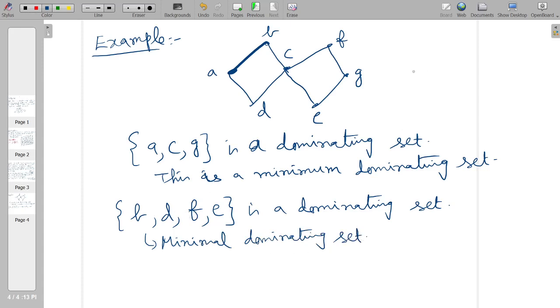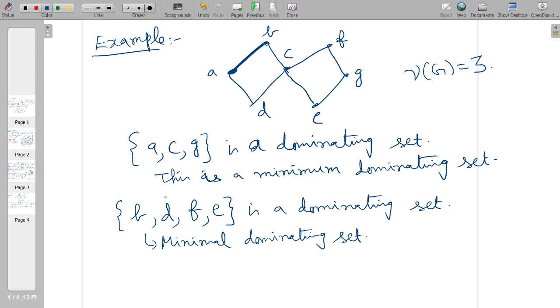But the domination number for this graph is 3, as ACG is a minimum dominating set of cardinality 3. But I can have a minimal dominating set of cardinality greater than 3.